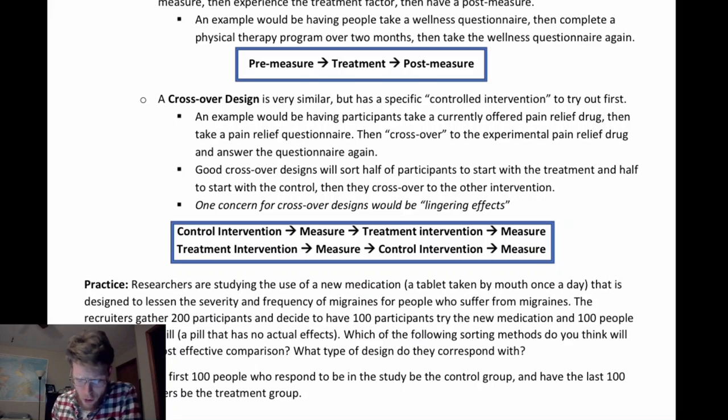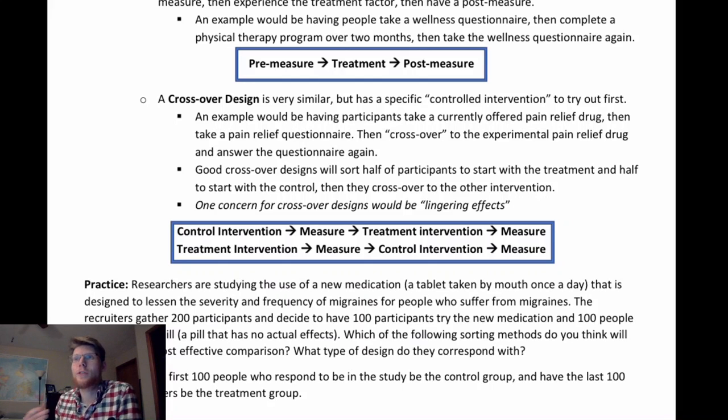One concern, though, for a crossover design, this is a weakness here, is a lingering effect. In other words, let's say that I'm taking a medication or a treatment for this treatment intervention, and then I switch over to the control intervention, but maybe the treatment intervention's still lingering in my system, maybe the medication is still in my system, or maybe it's changed the way I think, right?